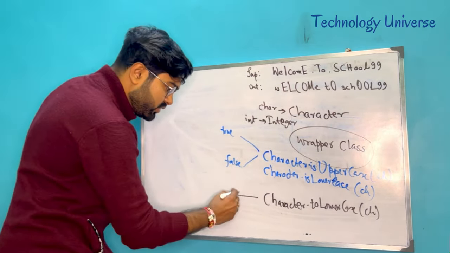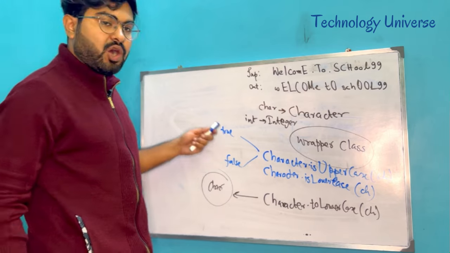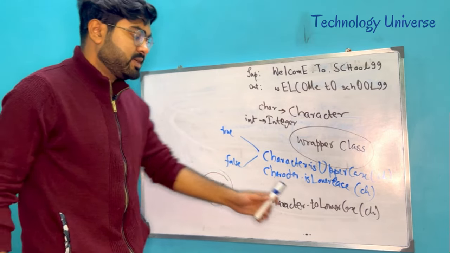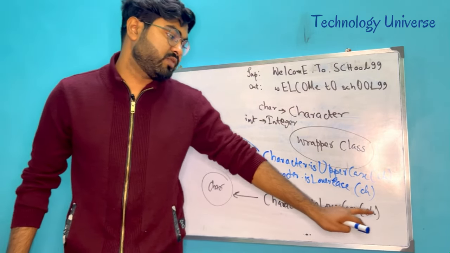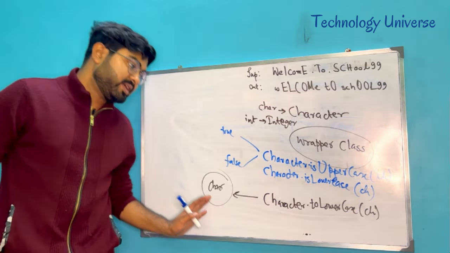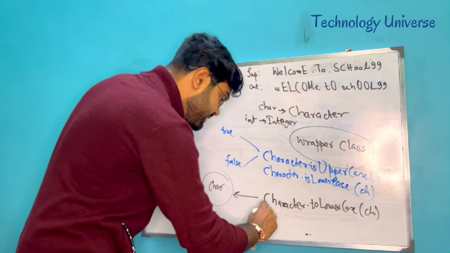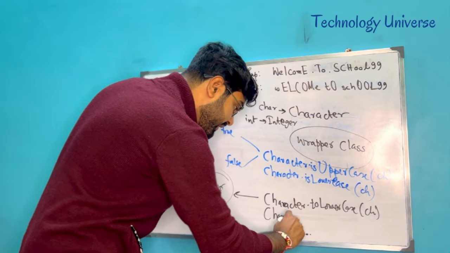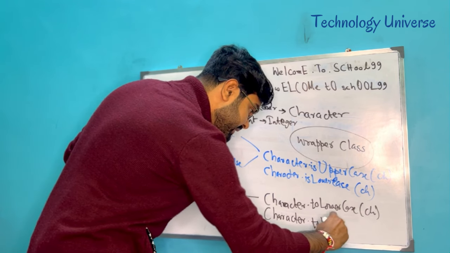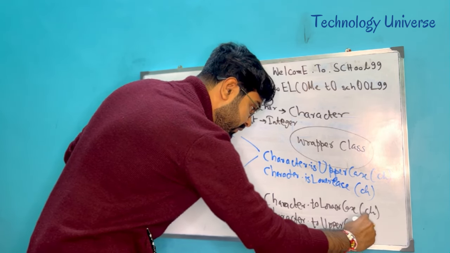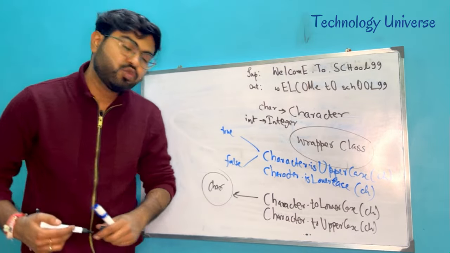The previous ones return boolean values, true or false, while this one returns a character. toLowerCase converts the character from uppercase to lowercase, and we have the same for uppercase also. If we run Character.toUpperCase, then this method converts the input character ch into uppercase.